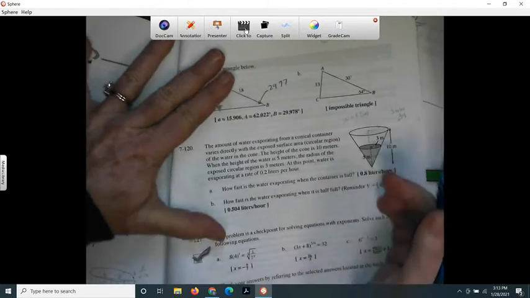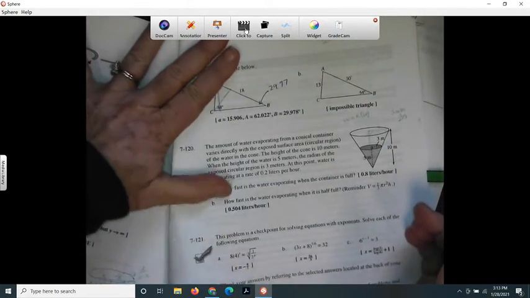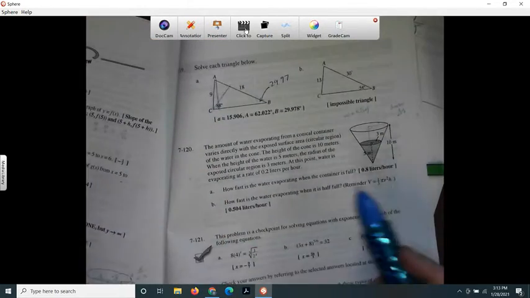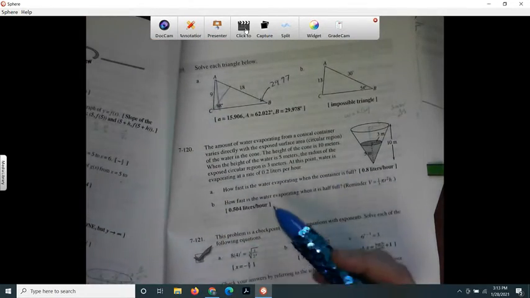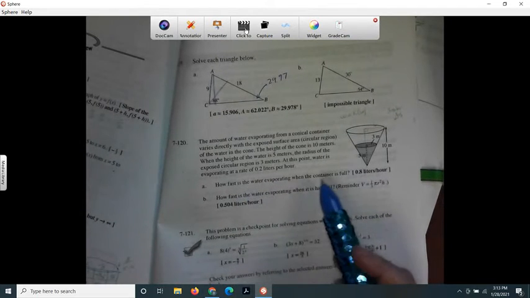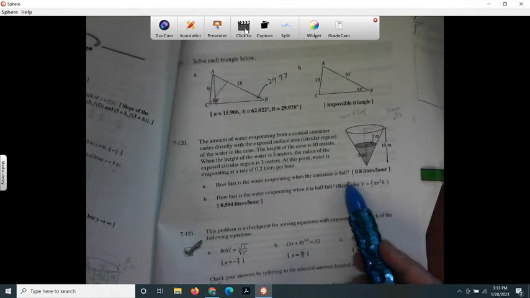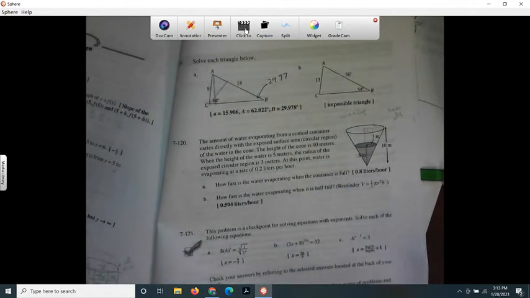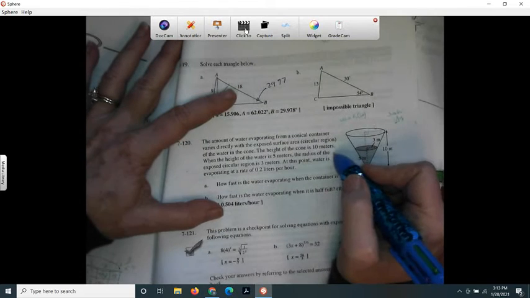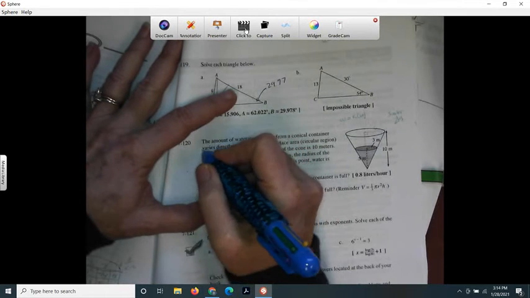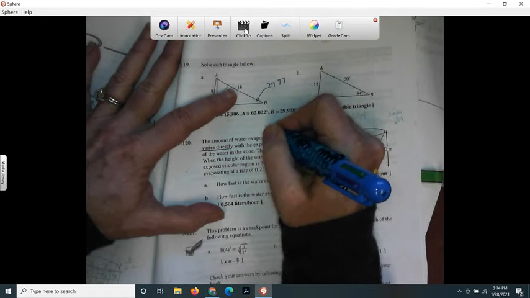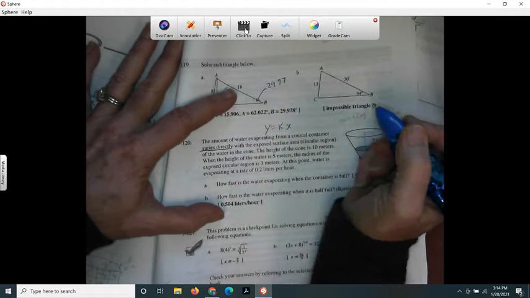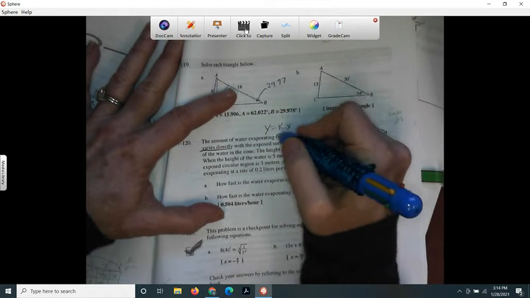If you sift through all the words, basically you want to find out how fast the water is evaporating when the container is full. We know there's a direct variation problem because it says it varies directly, and direct variation, like I said, is y equals k times x. So what we need to find out is k.